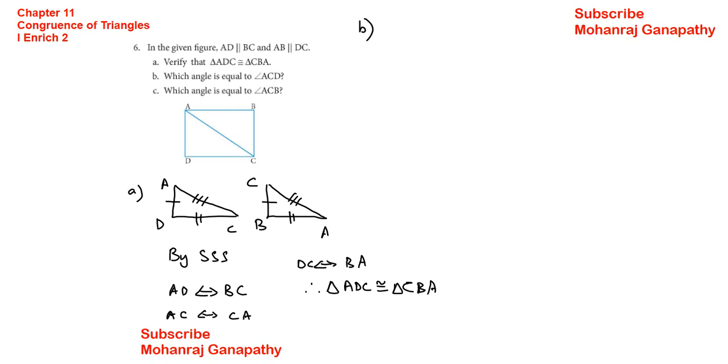B subdivision. Which angle is equal to ACD? ACD is equal to angle CAB. Look at this, ACD, CAB. C. Which angle is equal to ACB?